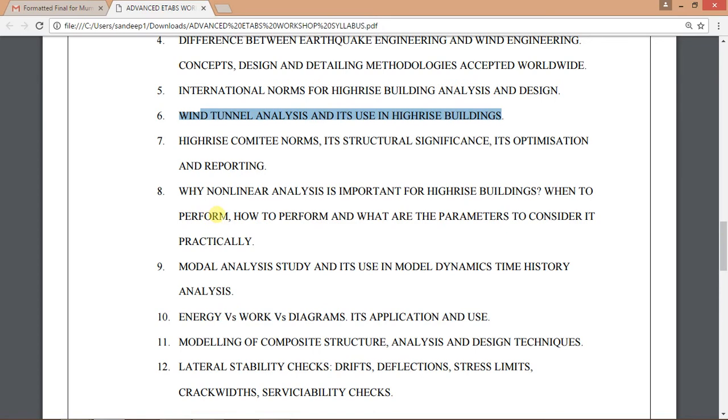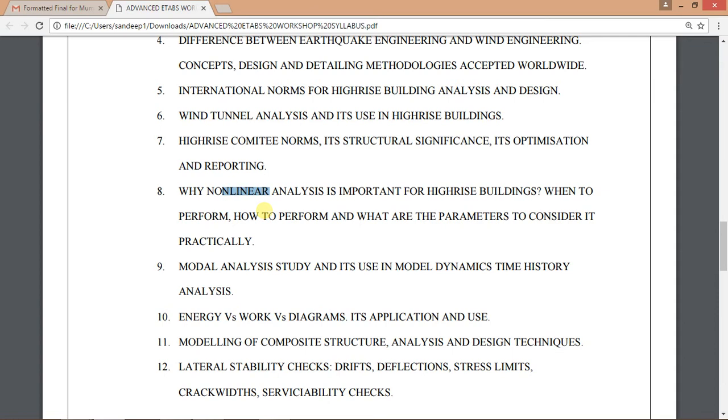The eighth point is why non-linear analysis. Generally worldwide, linear analysis is considered the primary module for any low-rise or high-rise buildings, but non-linear analysis is also very important. For example P-delta, buckling analysis or creep analysis.